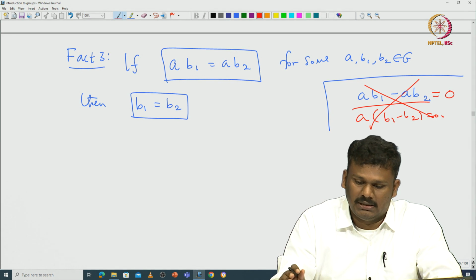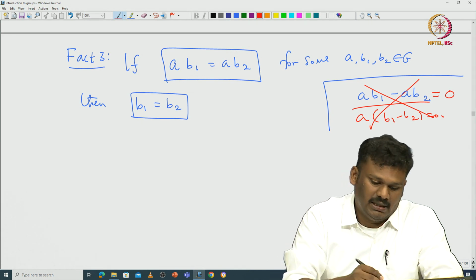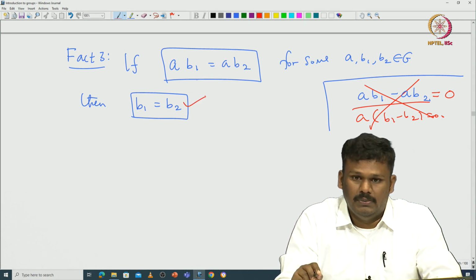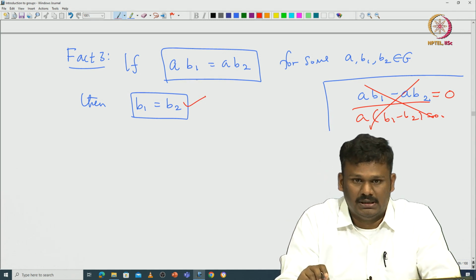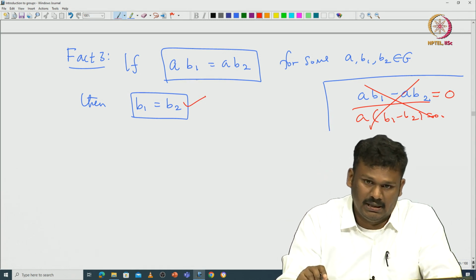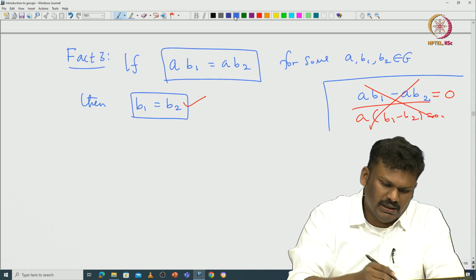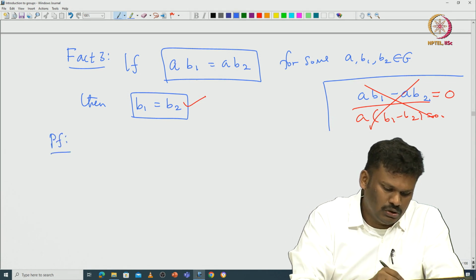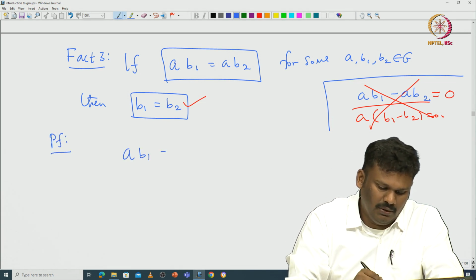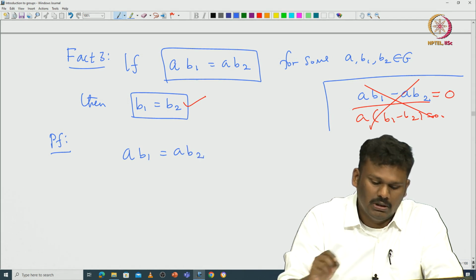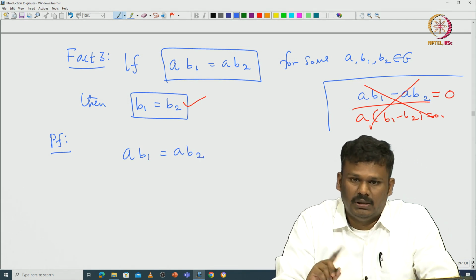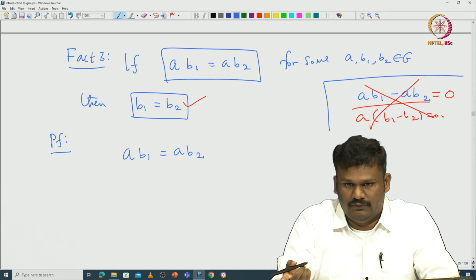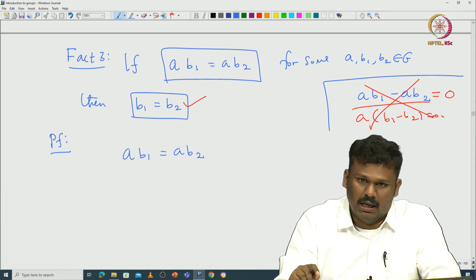But still we are saying that B1 must be equal to B2. So how can one prove this in the group setting? So here is the proof. You start with this equation AB1 equal to AB2. That means if you take the pair A comma B1, the image of that is the same as A comma B2 under this star map.